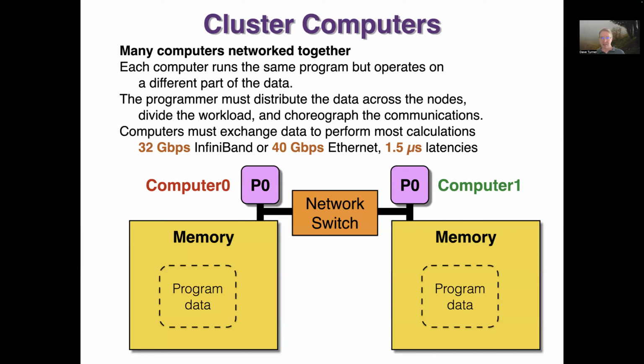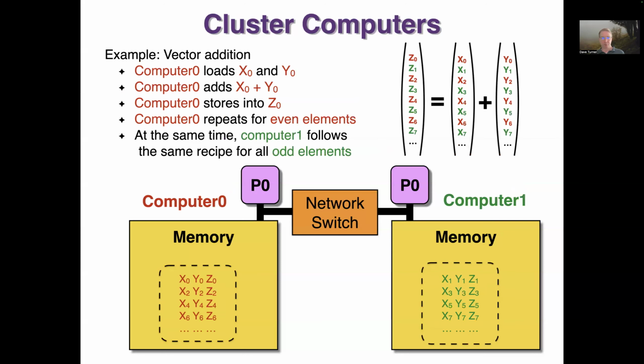You're actually running copies of the same program on the different compute nodes. And so this is a difficult kind of programming to do to parallelize something across compute nodes, but that's what we had to work with back in the 1990s.